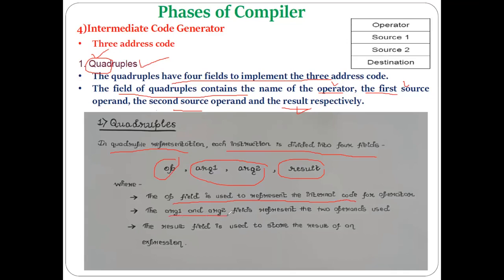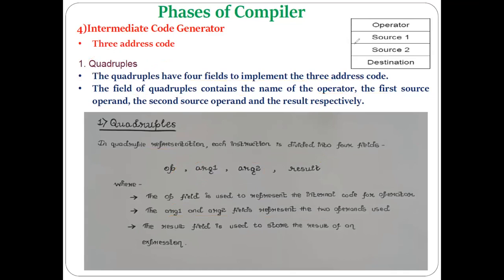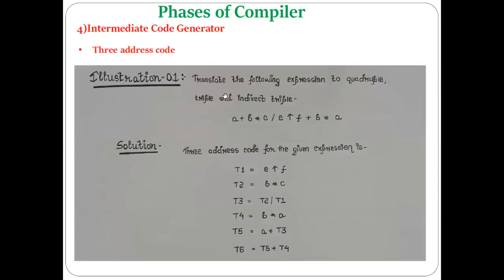The argument one, argument two, or operand one, operand two fields represent the two operands, and the result field contains the result, that is the fourth field. Why is this representation a quadruple? Because it contains four fields. Those four fields you can also refer to as the operator, source operand 1, source operand 2, and the destination as the result field. Okay. As it contains four fields, that is the reason this representation is called a quadruple.